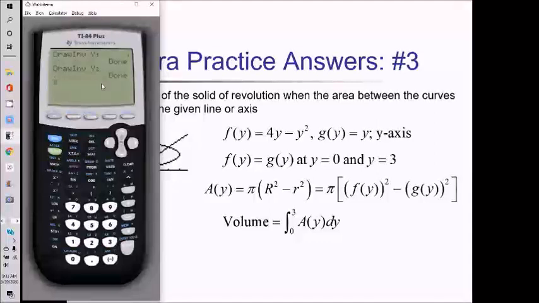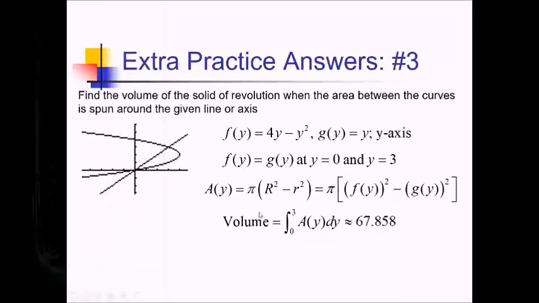So let me go to Math 9, integral from 0 to 3. And we're going to do alpha trace Y3 now, because that's where I stored my A of y function. And again, I'm going to write an x in here because everything I did is in terms of x. Pressing enter, we get our answer of 67.858. And that's it for this one.